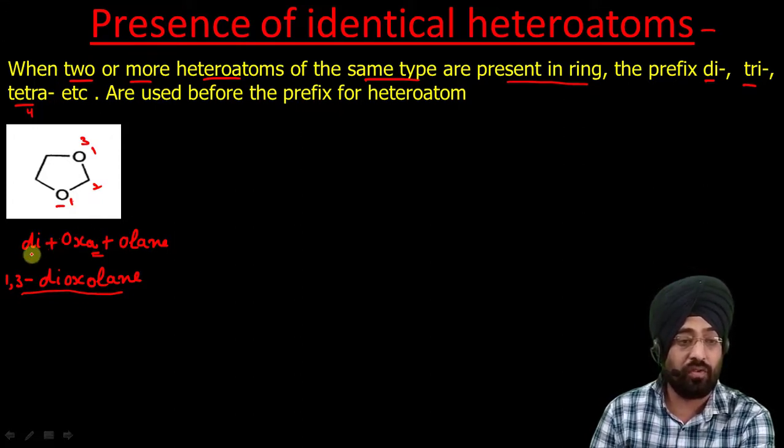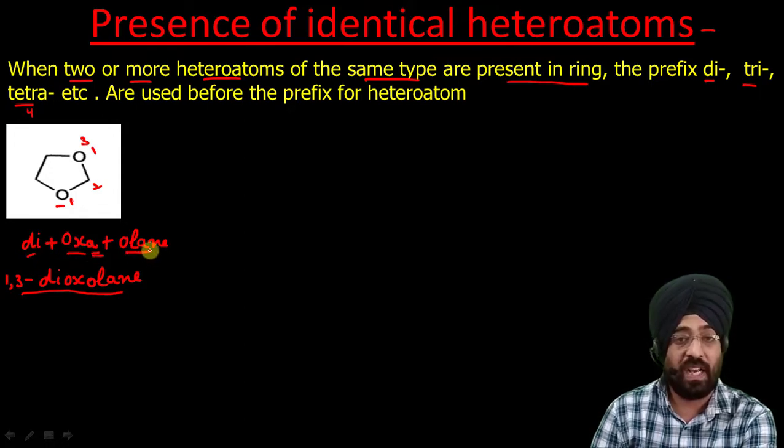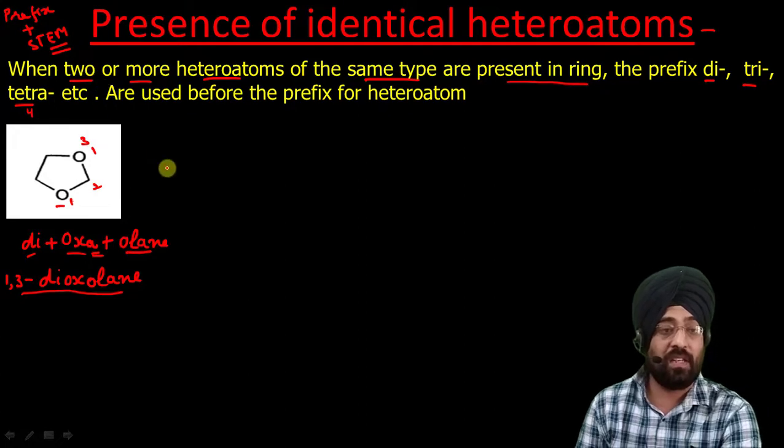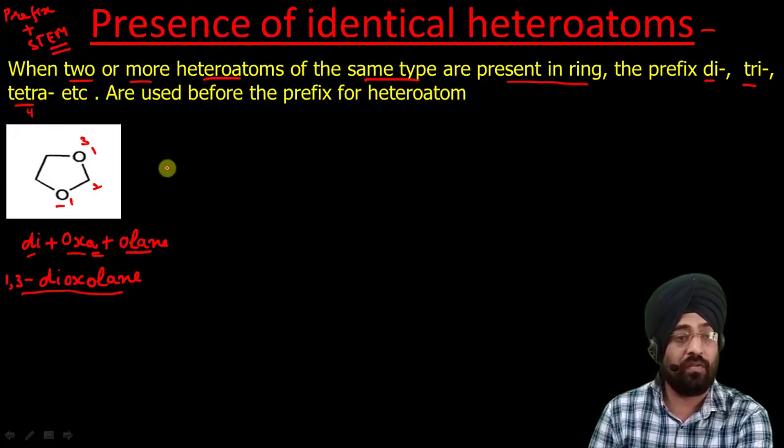Now we just have to use the prefix di, and the rest everything is the same. Our methodology was, first we have to find the prefix, which tells us about the heteroatom. Then we have to find the stem, and I shared a table with you in my previous lecture on how to use it to find the stem.